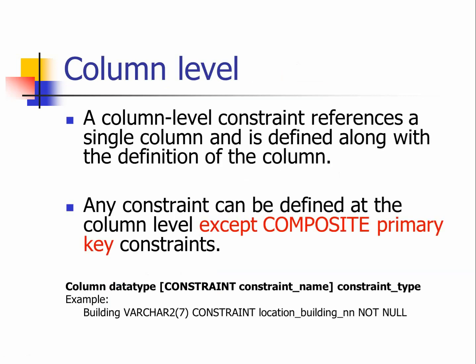If we create a column level constraint, it references a single column and it's defined along with the definition of the column. We see some examples over there. We can create any kind of constraint. All constraints can be defined when the columns are defined, except composite primary key, because a composite primary key takes 2 attributes or more to be specified as the primary key.